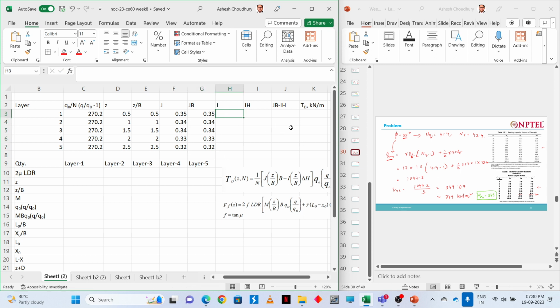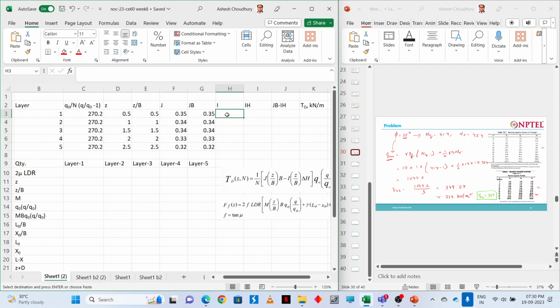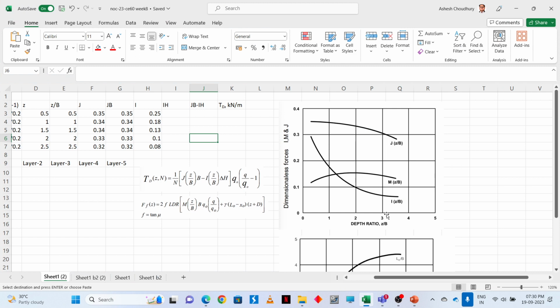I's again we need to find out. So what are the I's? I have just done the thing here. One second, just copy that. So you can see from here, just enlarge it. For Z by B 0.5, I is approximately 0.25.